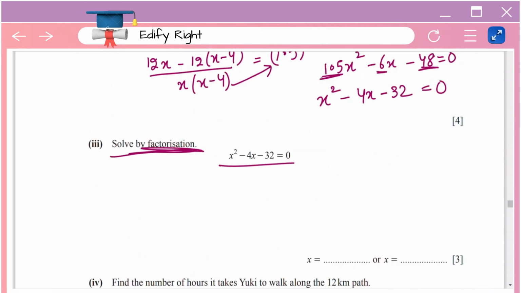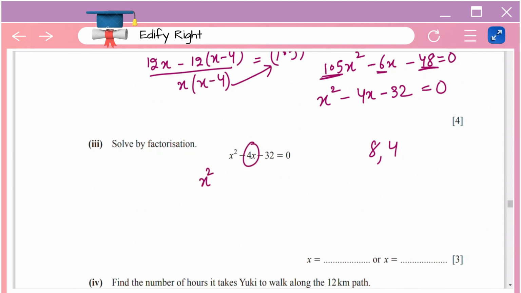Next, solve by factorization x square minus 4x minus 32. So here, to factorize this expression you just need to split the middle term. How do you split the middle term? By taking the factors of this number over here. So 32 can be factorized as 8 and 4. So we can use that to split minus 4x.